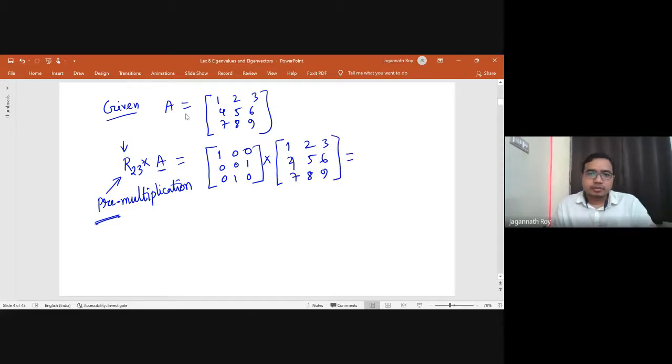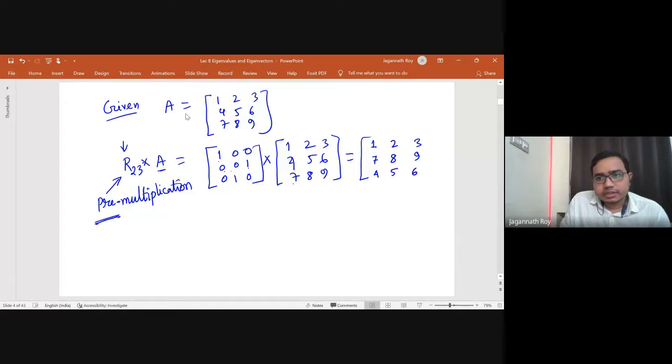If you just do this multiplication, then the first row is 1, 2, 3. But now, since row 3 has come up, this will become 7, 8, 9, and then it will become 4, 5, 6.